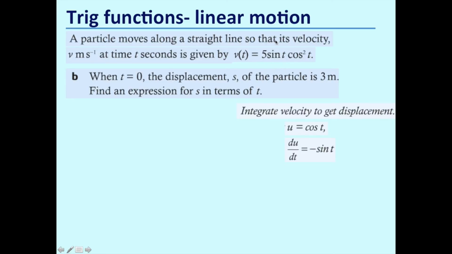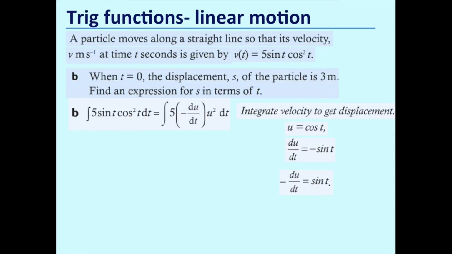And up here we can see we've got 5 sine t. So it's not quite the derivative of this, but we can manipulate it. And we end up with negative du by dt would be sine t. So we can substitute in negative du by dt for sine t, multiplying here by a constant, and here we said that's u squared. So this is the equation that we've got.